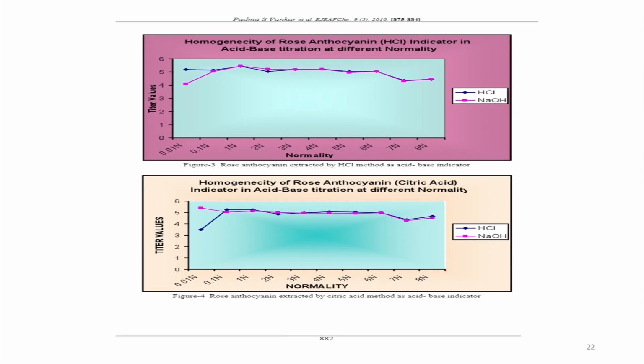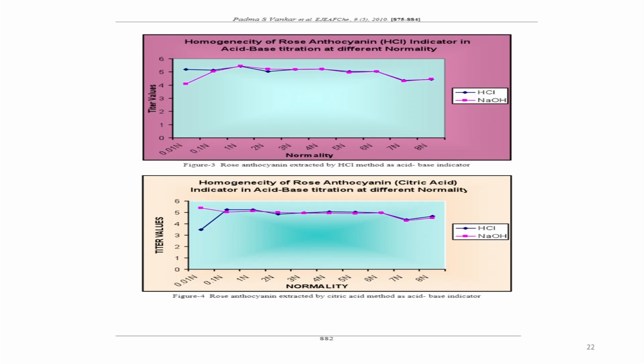When tests were carried out, we have to see the repeatability. So, the homogeneity of rose anthocyanin HCl indicator in acid base titration at different normality. If we add 0.1 normal, then 1 normal, 2 normal, does it remain constant by addition of HCl and NaOH?